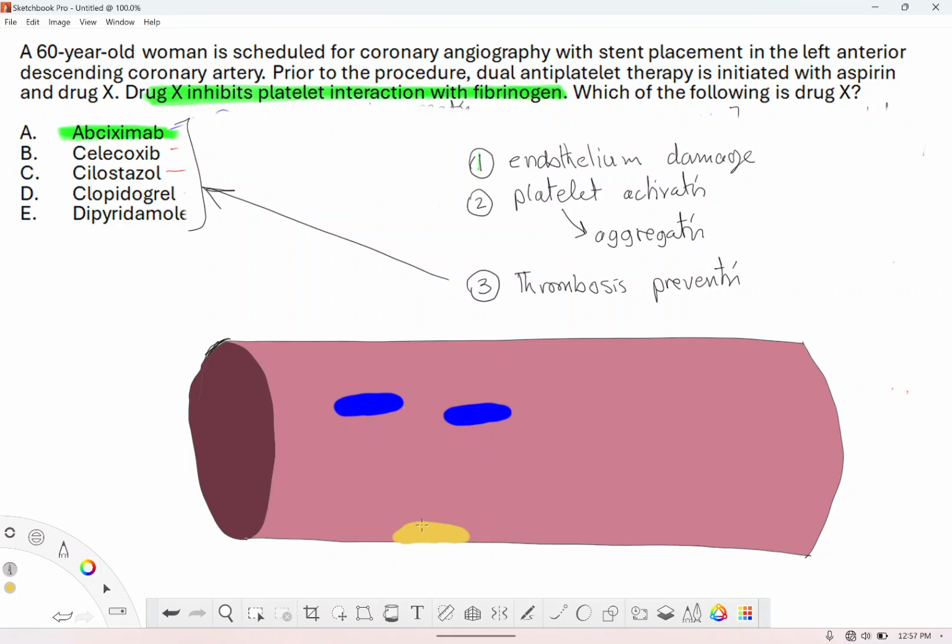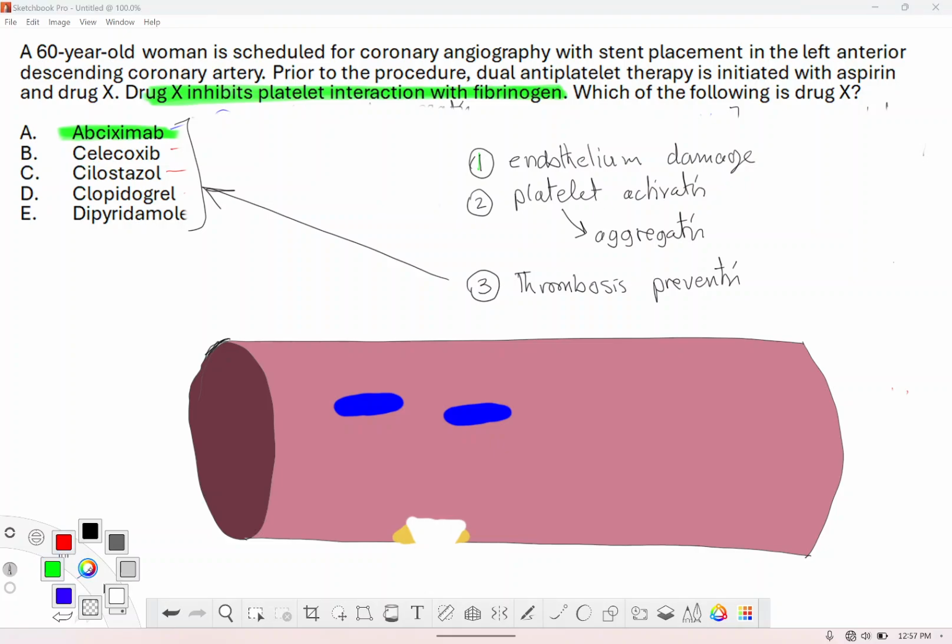If you put a stent, that means you're going to cause damage to this cholesterol plaque, and it's going to release whatever cholesterol it has. So this plaque is damaged. When this plaque is damaged, that means there is damage to the endothelium, right?